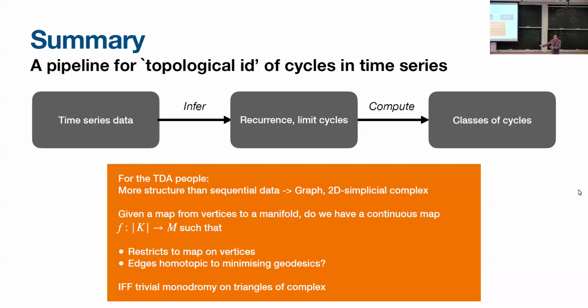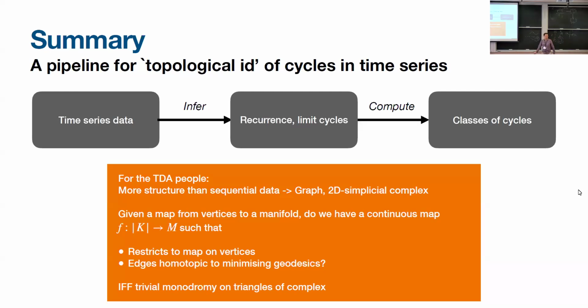So what about other graphs? What about simplicial complexes? Can we use this to understand that? The answer is yes, and you could use the same technology to answer this question. If I give you a graph, let's say a simplicial complex, and I say the vertices must map to these points on my manifold, is there a continuous map from this graph or complex to that manifold? You could use this machinery to answer those questions.